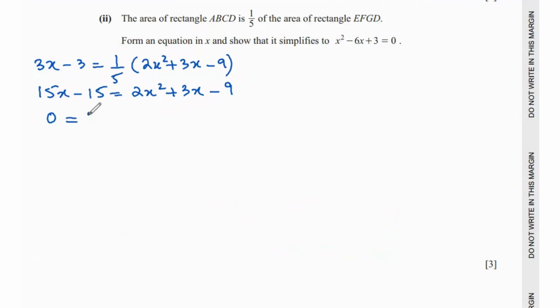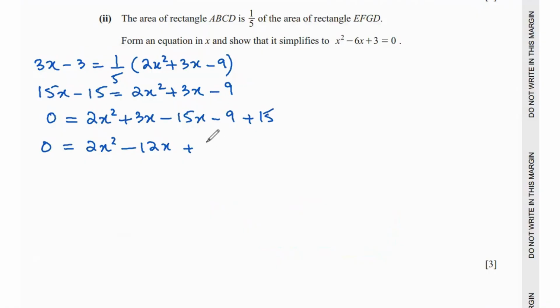So 0 equals 2x squared plus 3x minus 15x minus 9 plus 15. 2x squared minus 12x plus 6. We can divide all of the terms by 2. So that gives us x squared minus 6x plus 3 equals 0, which is exactly what the question was asking us to do.